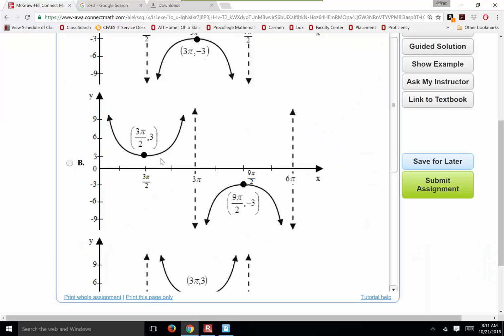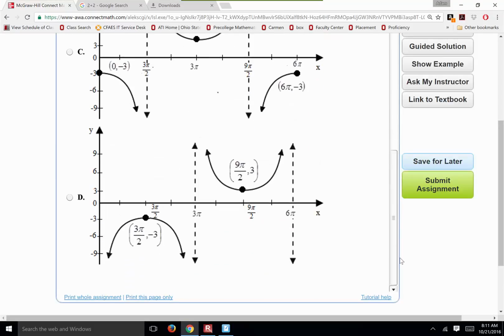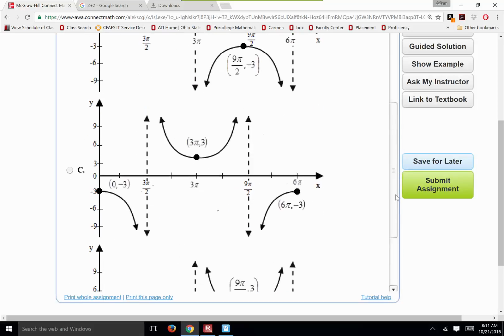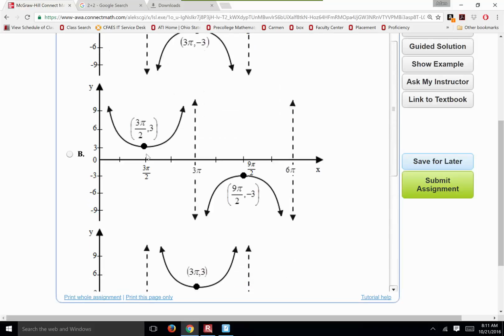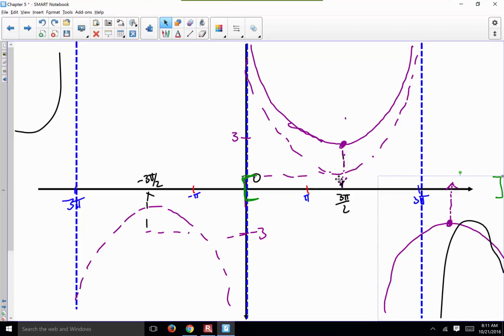I need to start with a regular U shape and upside down. What is wrong with part D? This is upside down and then U shape. Again, mark these values. Do we have the minimum value at 3 pi over 2 and 3 in our picture? Yes, 3 pi over 2 and 3.